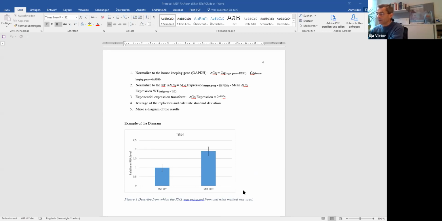And then you can write a short discussion explaining what is the conclusion from this experiment, what we have used, which samples, and what is the effect of a knockout of T7 on the expression of DLK1. Is this clear?